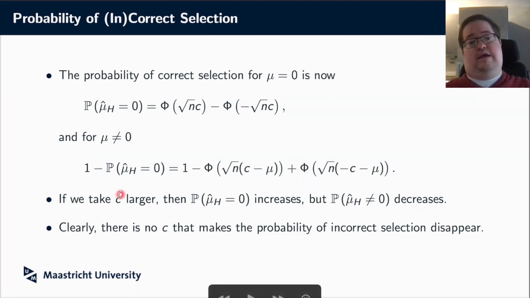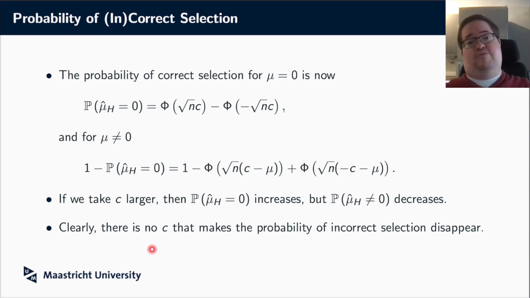And then, of course, we can analyze this pretty straightforwardly. If we make c larger, we'll do better at putting things to 0. So we'll do better if mu is actually equal to 0, but we'll do worse at not setting the estimator equal to 0 when we shouldn't. And obviously there's a trade-off, and no fixed c will make you do both things well.